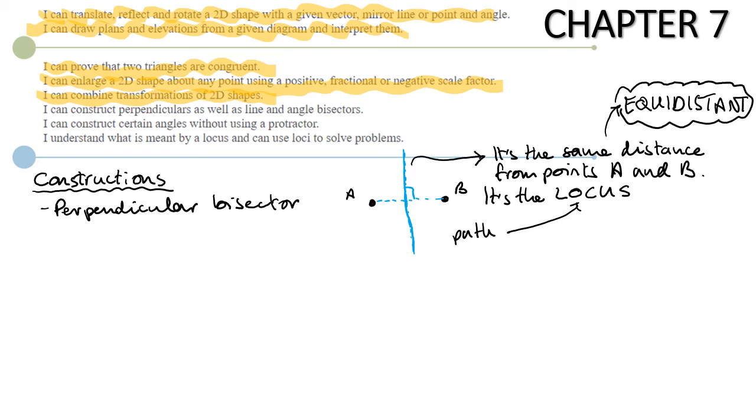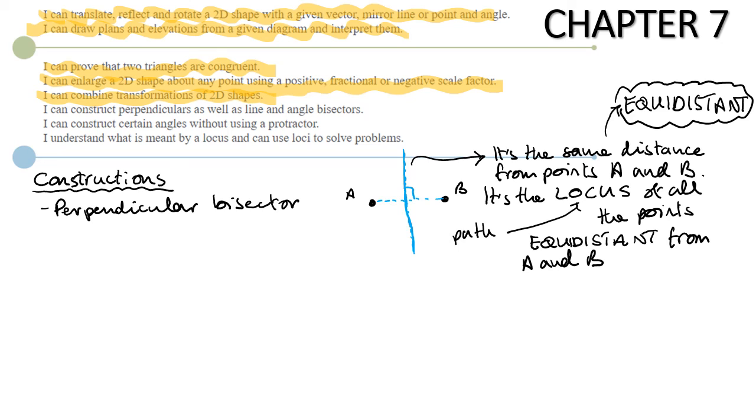So it's the locus of all the points equidistant from A and B. So this is linked into this loci. So it's normally things which are always the same distance away from certain points.